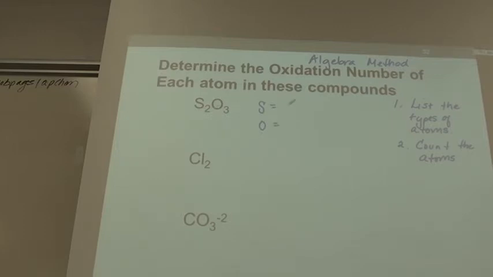I see 2 sulfurs and I see 3 oxygens. Put the known oxidation numbers in parentheses. Use an X for those that you don't know. This is a tremendous help for you. Here we go, right here, star this.